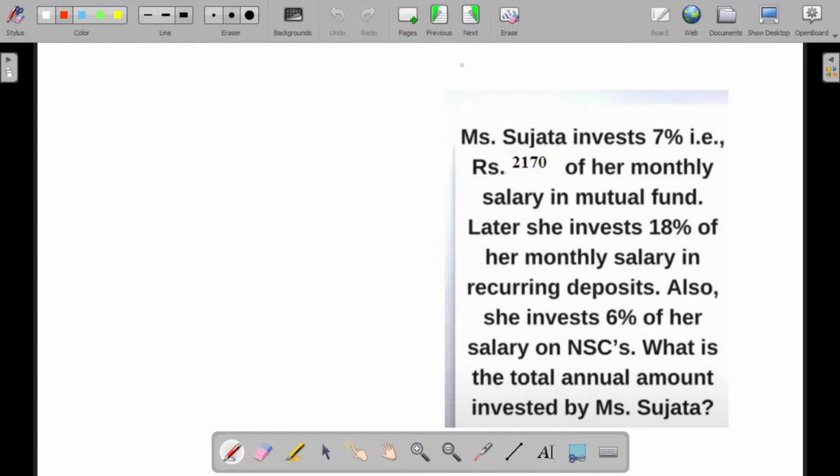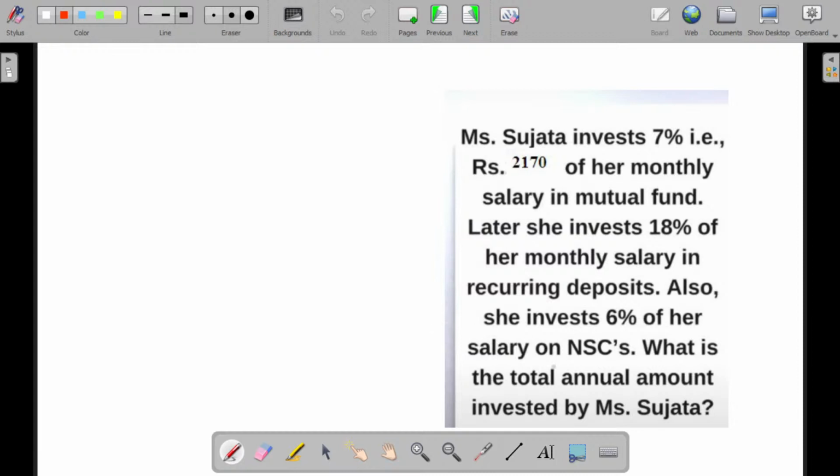Miss Sujata invests 7 percentage, that is 2170, of her monthly salary in mutual fund. Later she invests 18 percentage of her monthly salary in recurring deposits, and she invests 6 percentage of her salary on NSC. What is the total annual amount invested by Sujata? Annual.